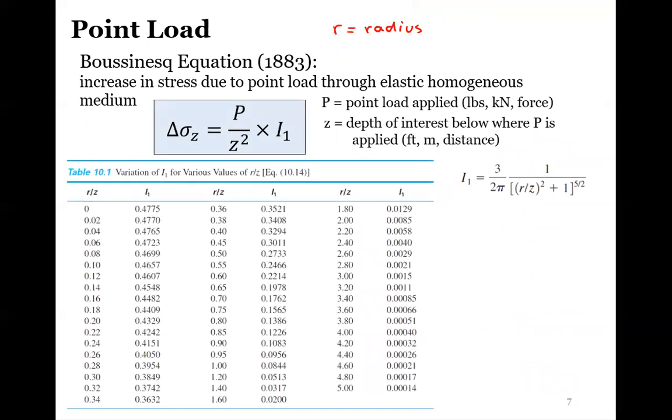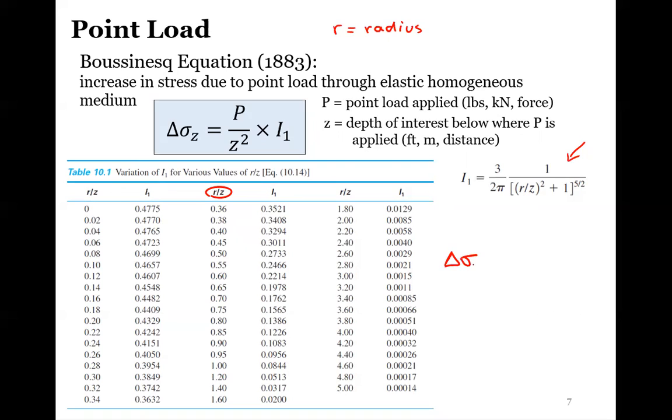So when we have that R and that Z, then you can either plug it into this fun equation, or you can just look and see the matching I value, the influence factor. And once we have that, just making sure everything's in the correct units, the P would be a force, and then our Z would be that depth of interest. And then you just plug it into this equation.